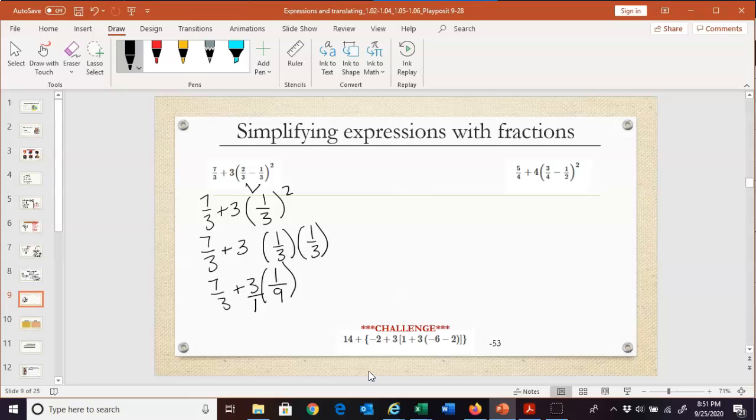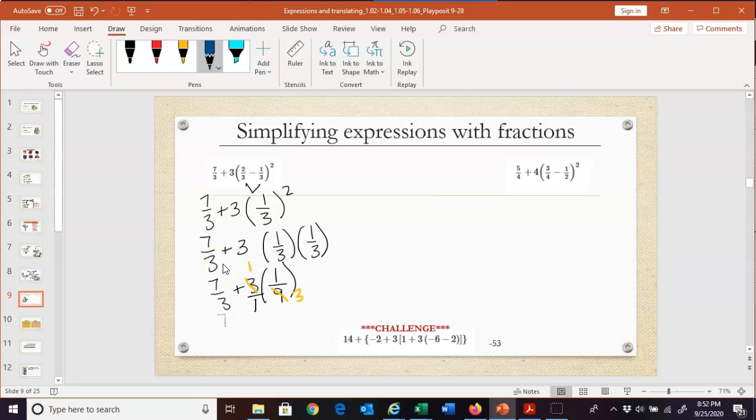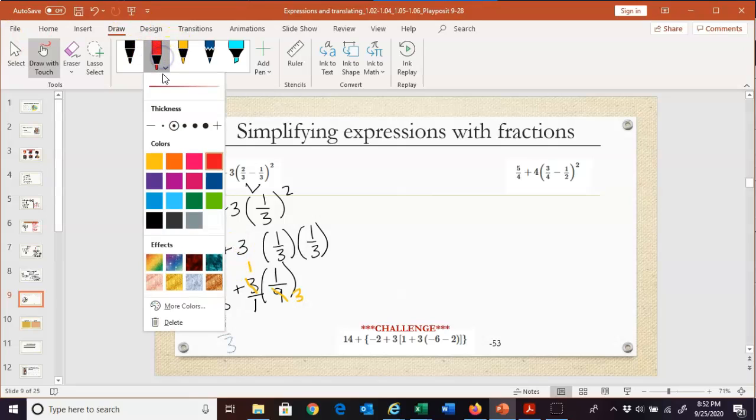Or maybe you're going to reduce the fraction first. Some people like to do that. You could say, oh, 3 goes into 3 once and 3 goes into 9 3 times. And you get 1/3, right? 1 over 3. Or we can just go ahead and multiply. So we have 7/3. Whoops, that's a funny color. Hold on.